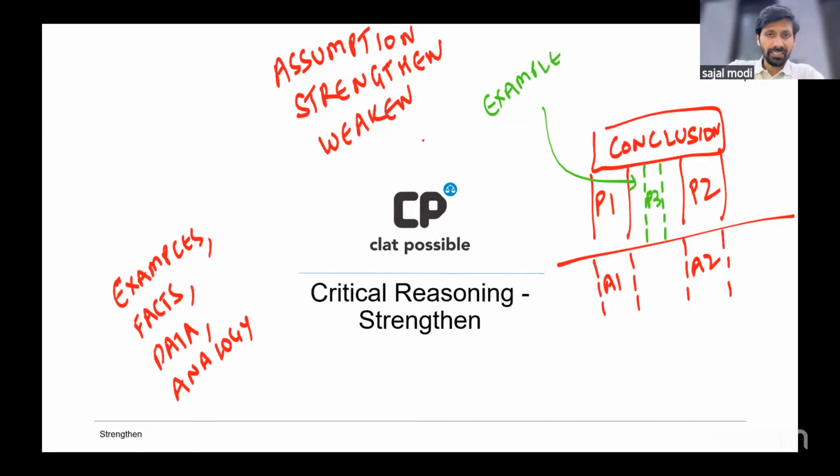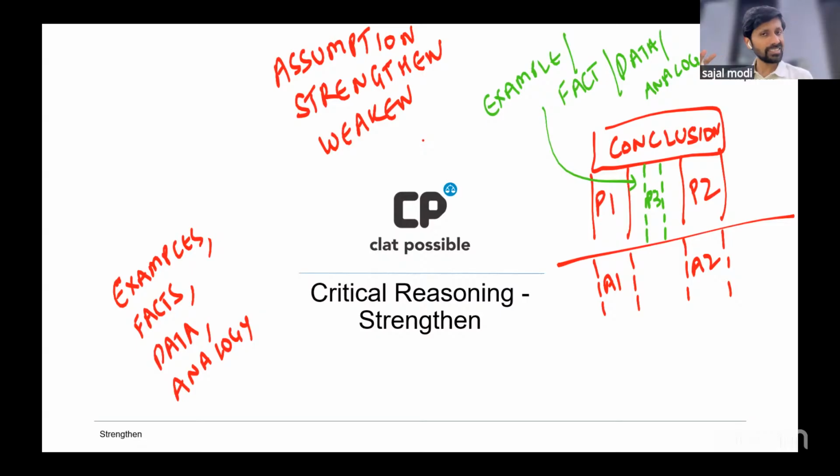So this additional support that's there in the option, the correct option, could be an example, could be a fact, could be a data point, could also be an analogy, right? Much like premise. So this option is the additional premise for the argument. We are looking for a statement in the option list that acts as a premise for the author's conclusion.